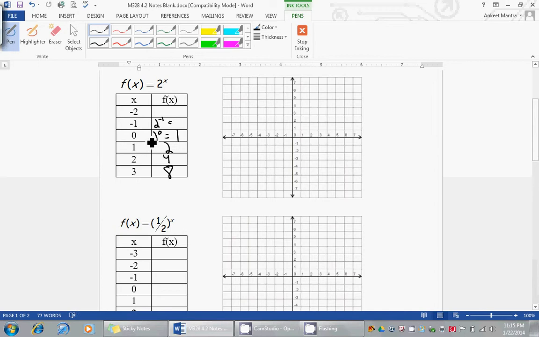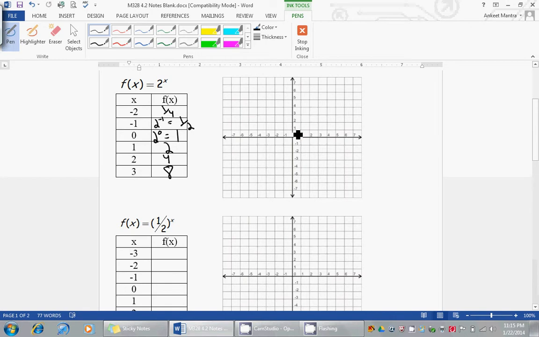Hopefully we remember that a negative exponent just means to take the reciprocal, so this is going to be 1/2. And then 2 to the negative second is the reciprocal of 2 squared, which is 1/4.